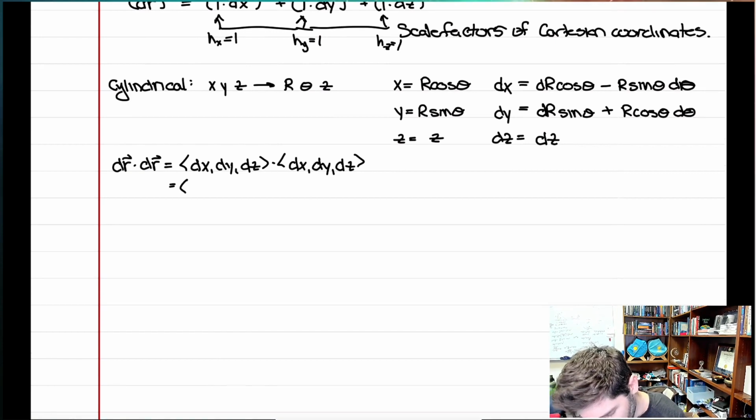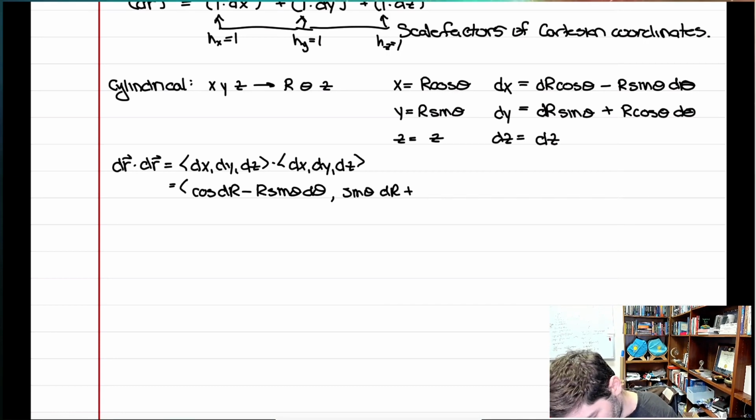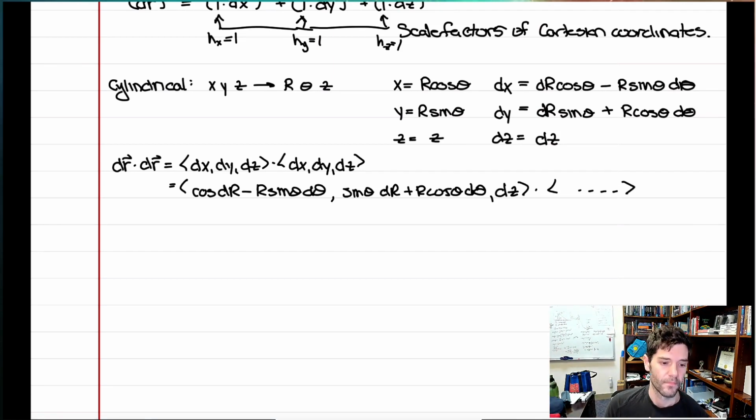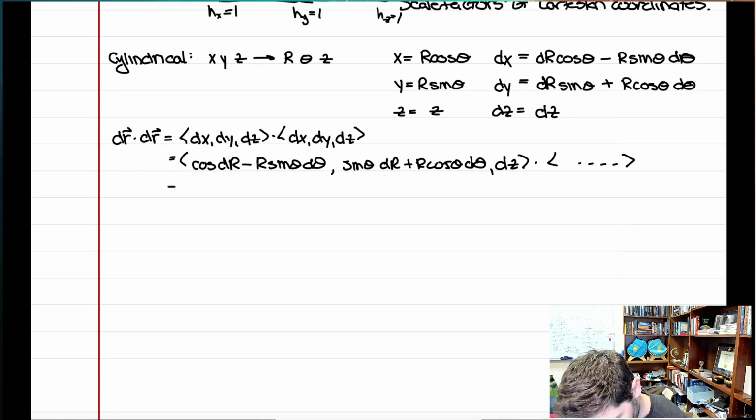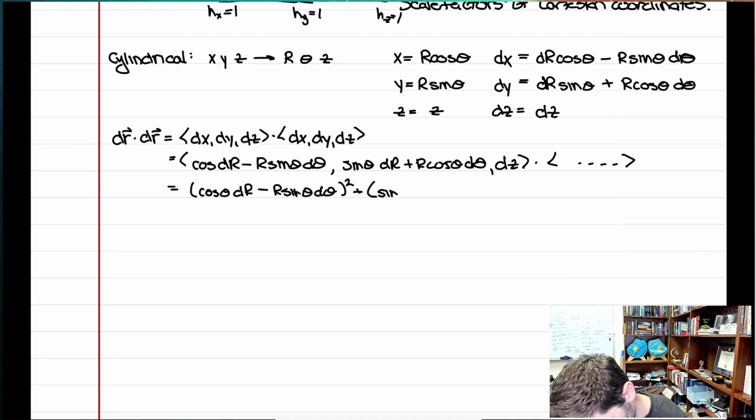But now, instead of dx, dy, dz, I'm going to replace them with cosine theta dr minus r sine theta d theta, comma, sine theta dr plus r cosine theta d theta, comma, dz, dotted with itself. So the math is a little bit more involved, because at the end of the day that dot product is cosine theta dr minus r sine theta d theta all squared, plus sine theta dr plus r cosine theta d theta all squared, plus dz squared.